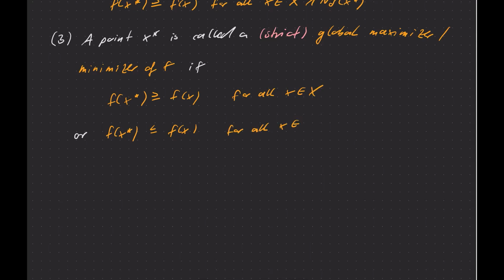We need that to hold for all values of x in X, respectively. And again, if strict inequality holds, then we have a strict global maximum or a strict global minimum.